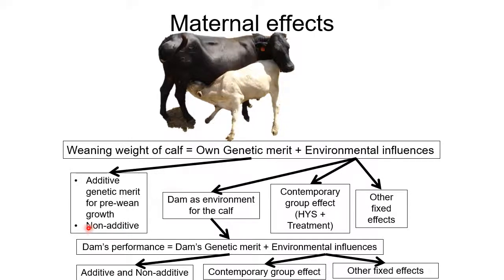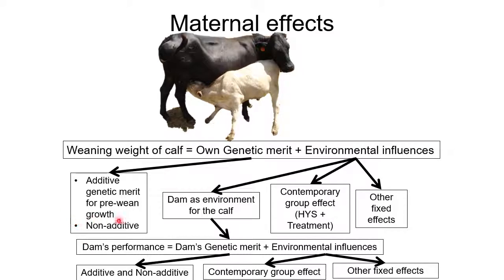Then also in terms of environmental effects, the dam is also an environmental effect for the calf, but the dam has a genetic merit, and there's some environmental influences on her ability to look after her calf. The genetic merit is then the additive and non-additive effects, additive that can be transferred to the next generation or our breeding values, non-additive such as dominance and epistasis effects.